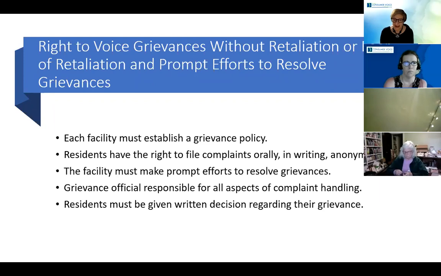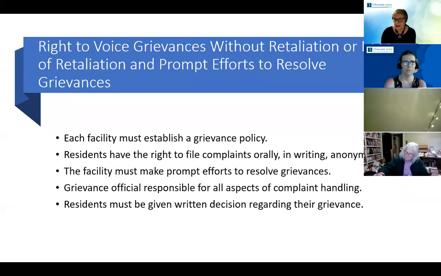So as I said earlier, the regs refer to prompt efforts to resolve a complaint, and they also talk about a reasonable time frame. So again, it's not defined at all in the regulation. Perhaps in Pennsylvania, if you have state-specific rights, it might. Some states actually define what that time frame is, but the federal requirements, and that's what we're talking about now, don't define it.